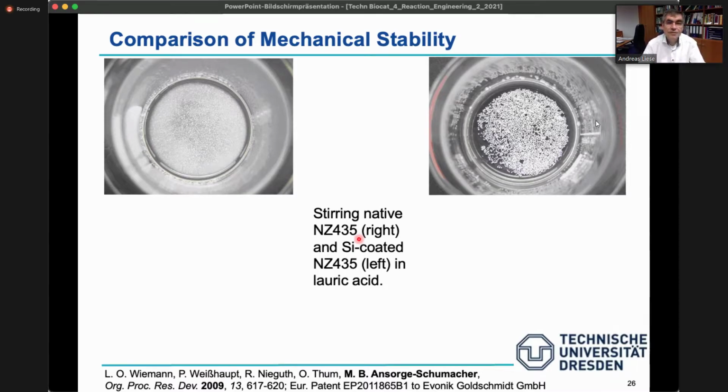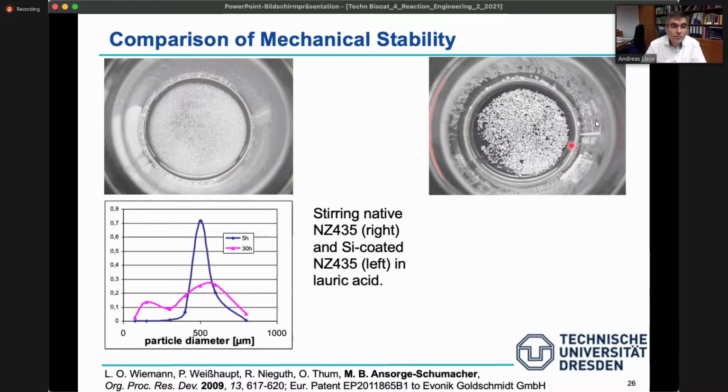So you don't have to do anything, you just buy the carrier. And now what you can see on the right side is how they look if you buy them. On the left side, you see them after they are already fractured. And so both now have been used for some time. And what you can see here, they're in a stirred tank reactor.